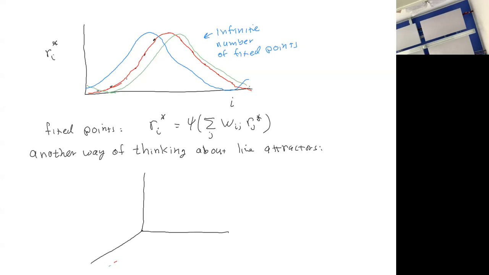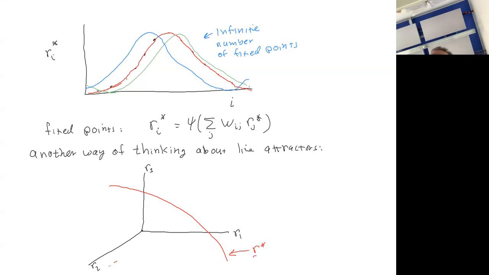And this is activity space. So this might be R1, R2, R3. And of course, there are a lot more than that. The R's go up to a very large number. And so the line attractor is basically all these points. So your line attractor is now points in this space. What I'm basically plotting is R star, as a vector.